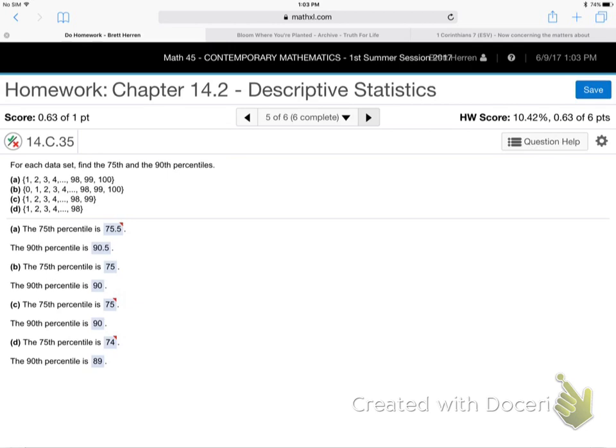So first off, the 75th percentile. Can we find the 75th percentile? Well, we don't have to reorder them. They're already in order. That's the nice thing, right? They're already in order from low to high. So go ahead, just do the formula. See what you can get there.